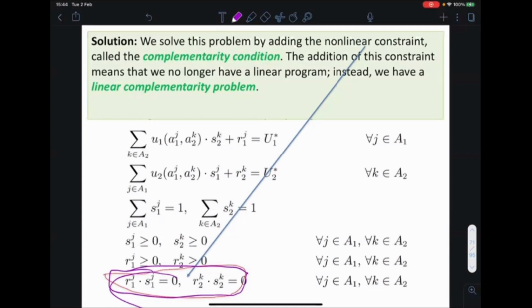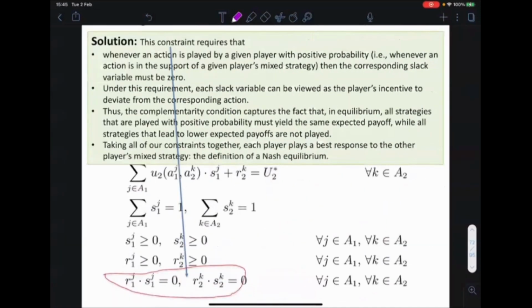That's why we call it the complementarity condition, this nonlinear constraint. When we add this, we no longer have a linear program, but rather a linear complementarity problem, because they are complementary to each other.